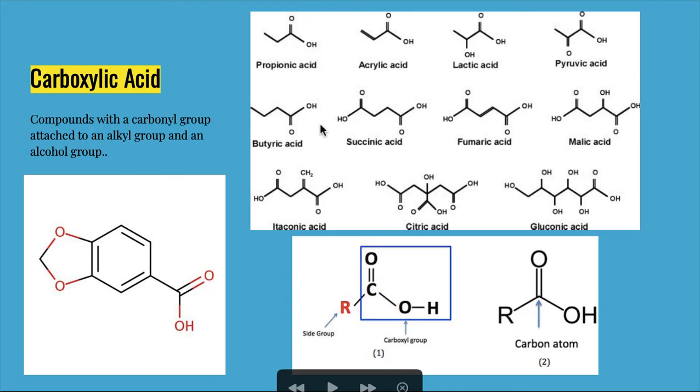No matter what number you have, as long as you have at least one, that compound has a carboxyl group. This diagram is something I wanted to include because this compound has a carboxyl group, but also a benzene ring, which is an aromatic functional group, and 2 ethers, which we talked about earlier.